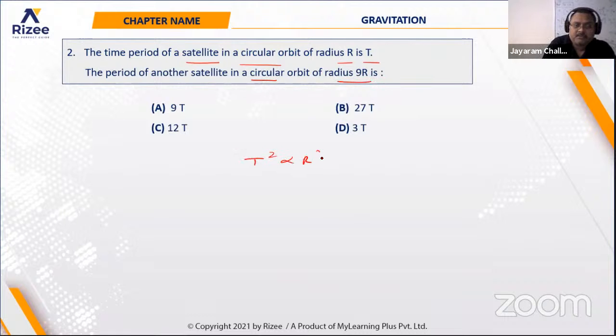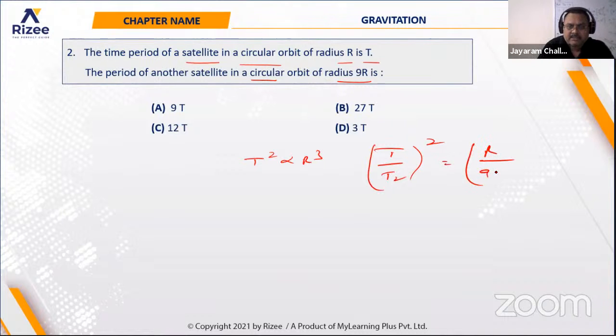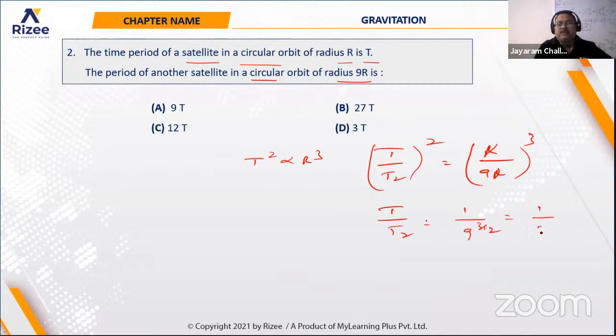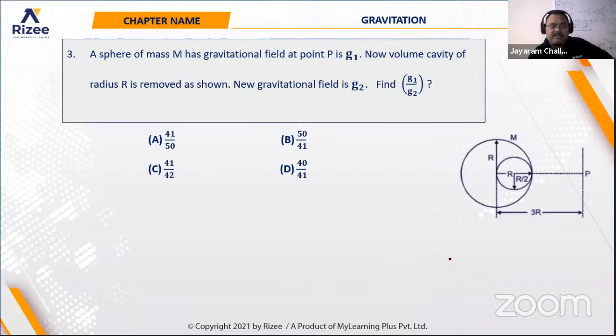T square is proportional to R cube, in the sense (T by T2) whole square is equal to simply R by 9R whole cube. Cancel this one. So T by T2 is equal to 1 by 9 to the power of 3 by 2, which is 1 by 3 cube, that is 27. T2 is equal to 27 times of T1. These are the type of questions.